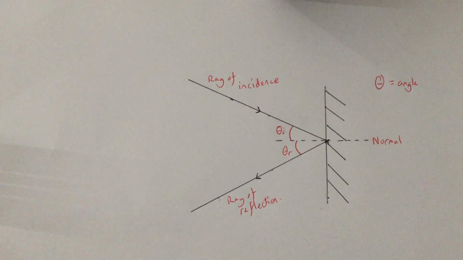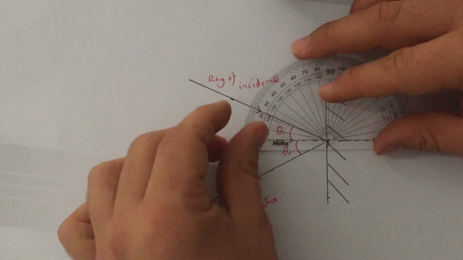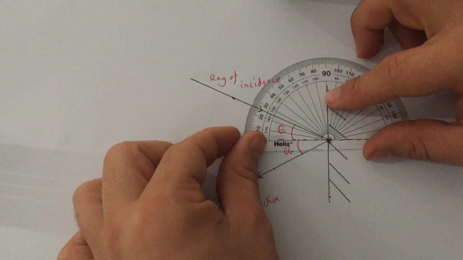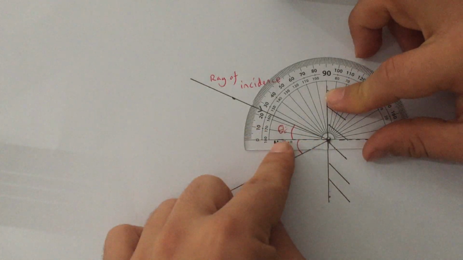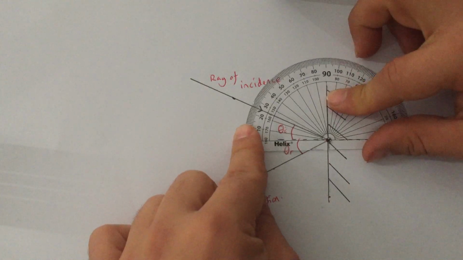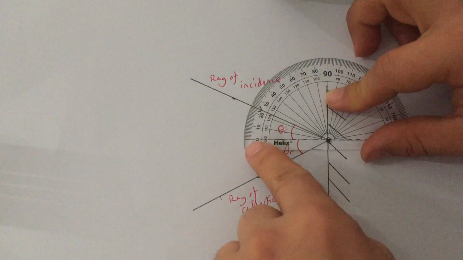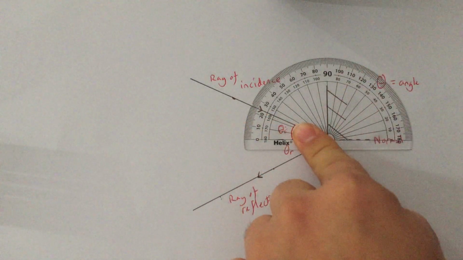So I use my protractor to do that. For my ray of incidence, I'm going to put the center point of my protractor on the spot where I fired my ray and make sure this line lines up with the normal. Okay, so if I just move it in and out of focus, you can see I've lined that up with the normal. And then I just simply read round how many degrees that is.